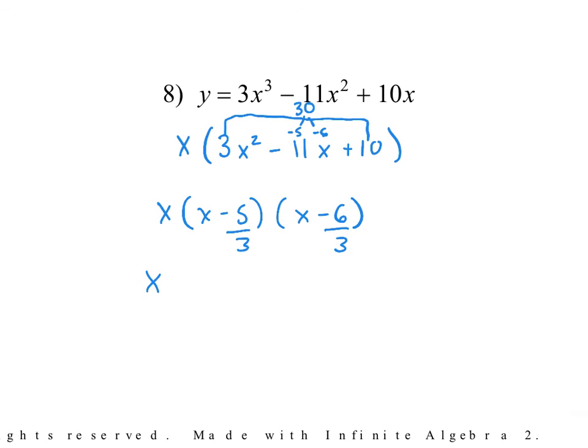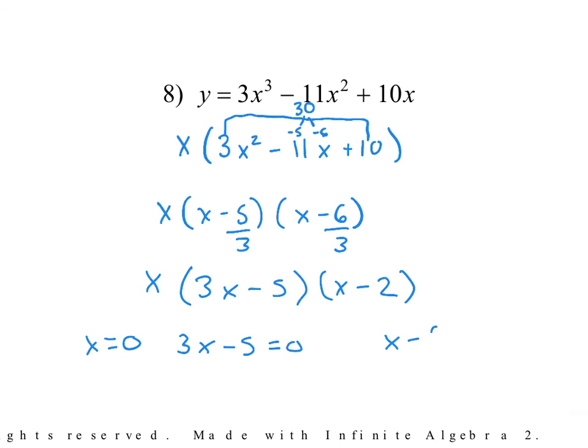So we have x is equal to 0. This is x, and then x times 3x minus 5. And then the second one simplifies. Negative 6 divided by 3 would be negative 2. Then we set them equal to 0. So we have x is equal to 0, 3x minus 5 is equal to 0, and x minus 2 is equal to 0.